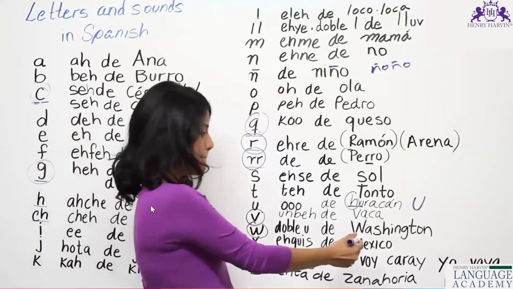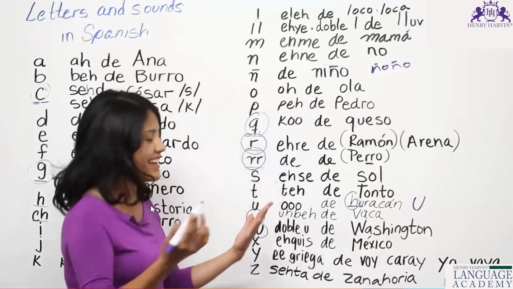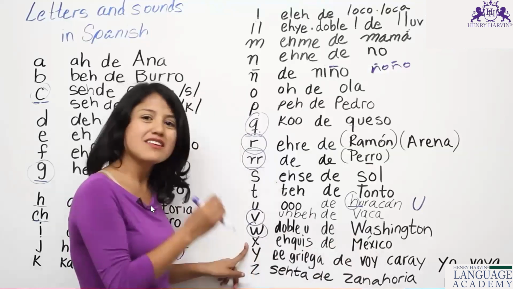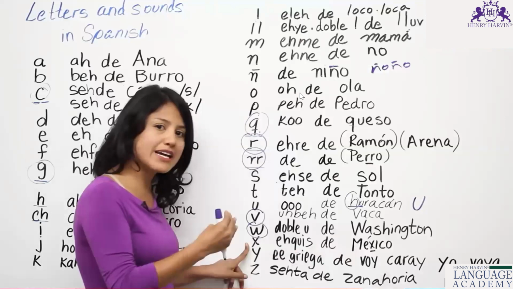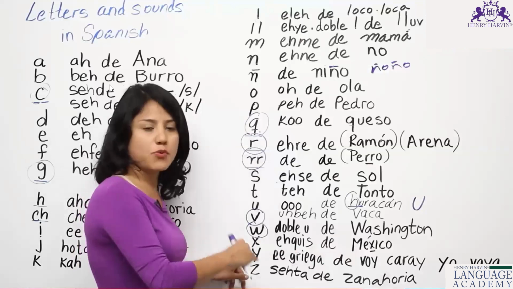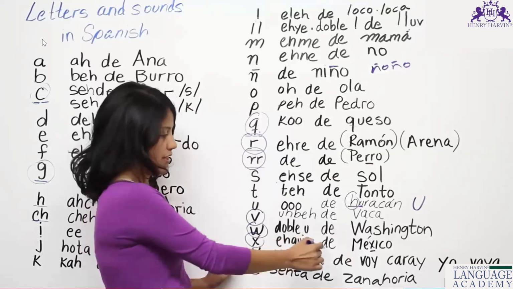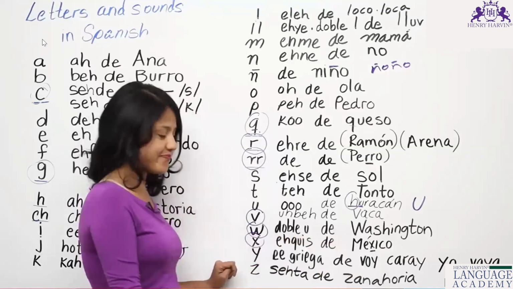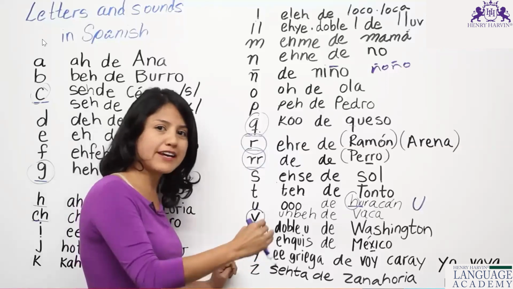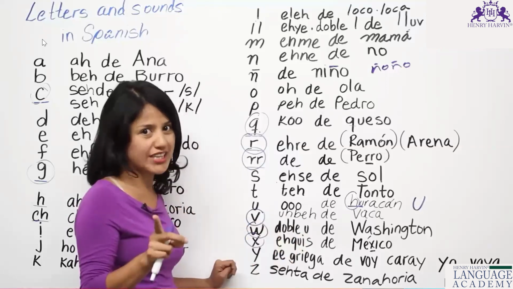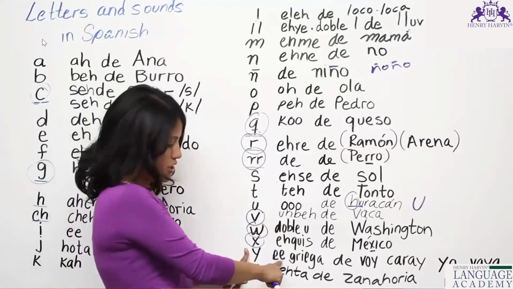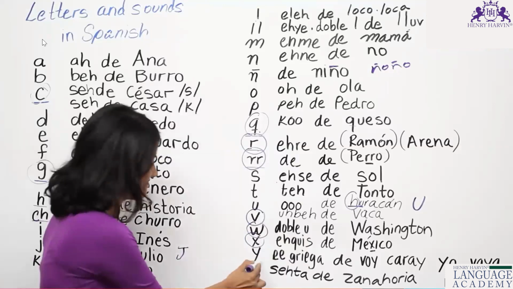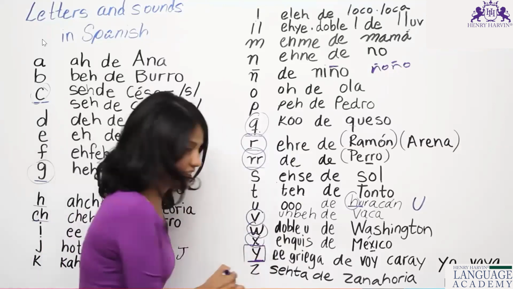X de México. Again, this letter is a little bit strange too. We don't have a lot of words with this letter. So I decided to use Mexico because it explains very well one of the most important sounds of this X. X de México. ¿Ok? México se escribe con X, no con J, con X en México. Y. This is an interesting character.